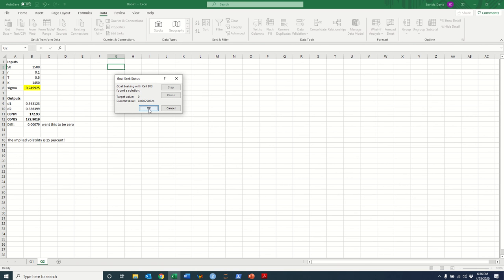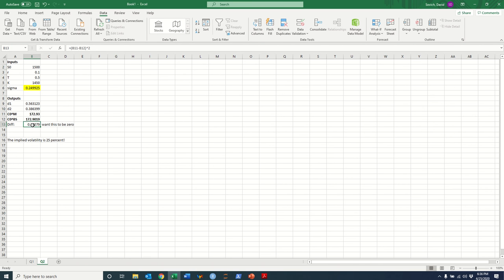Okay? What you're going to see is you're going to get the same exact thing. This is going to be a little off in numerical terms, but when you do the rounding, like in the test, you're going to get that it should be 25%, and it will be within the margin here. Okay? So that's how you do implied volatility calculations in Excel.